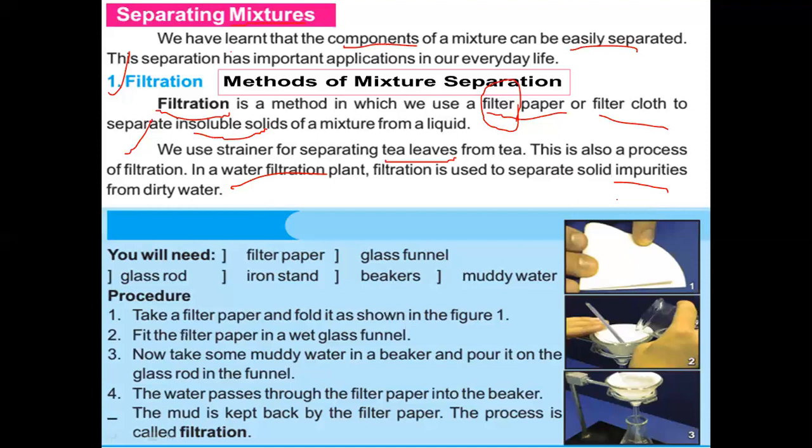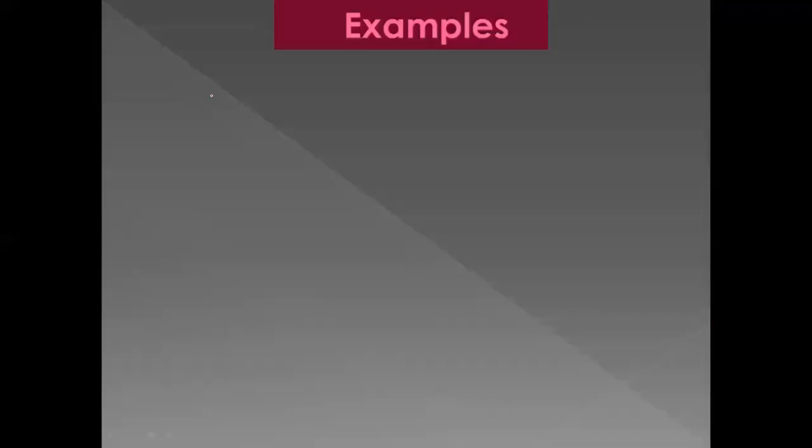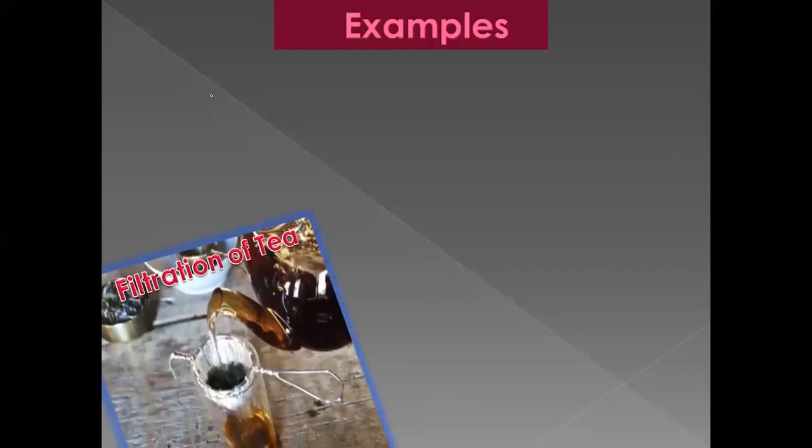After some time we see that the filter paper gets dirty, blackish or greenish in color, due to the accumulation of lots of impurities in it. Regarding the lab activity, we can see it later on.